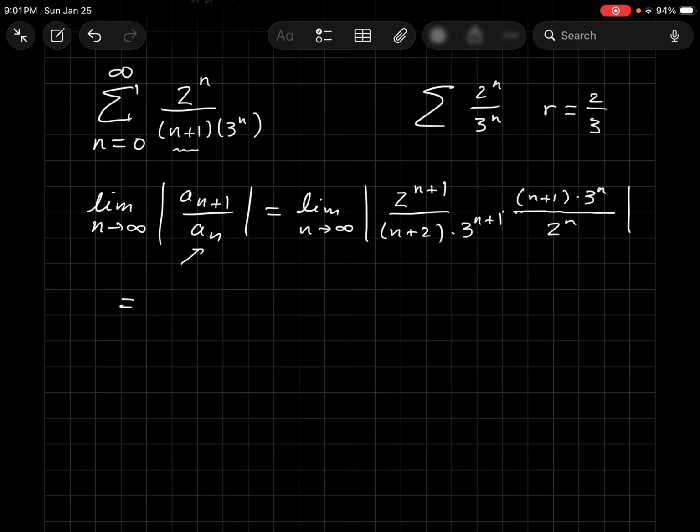Now let's simplify things to the limit as n goes to infinity, and we can match like terms together. So if I match the n plus 1 with the n plus 2, as n goes to infinity, that part goes to 1.